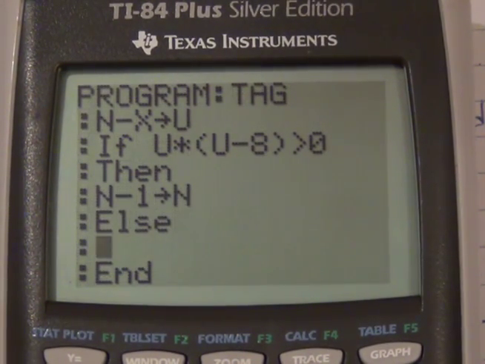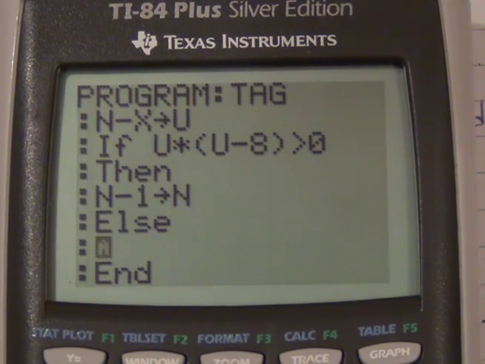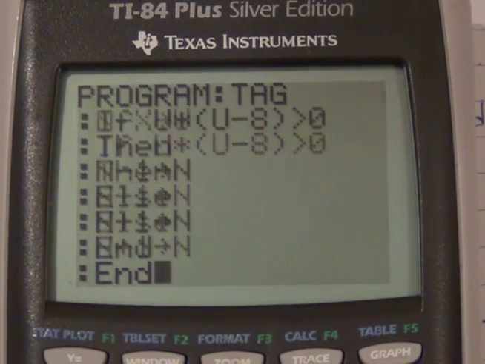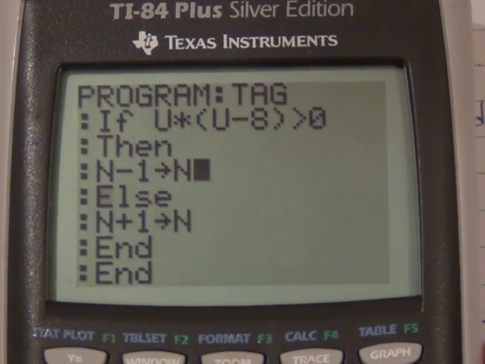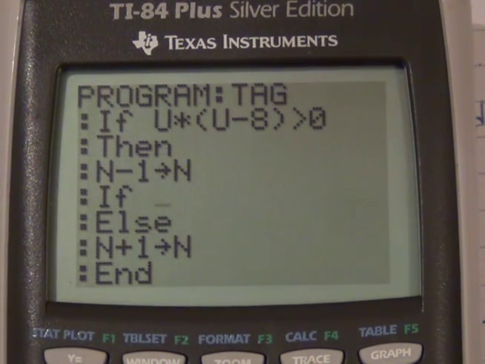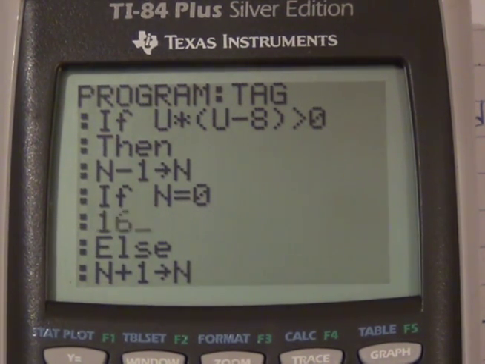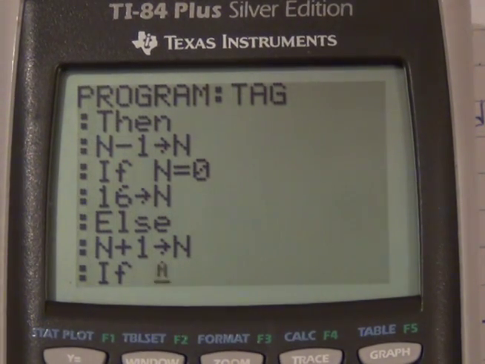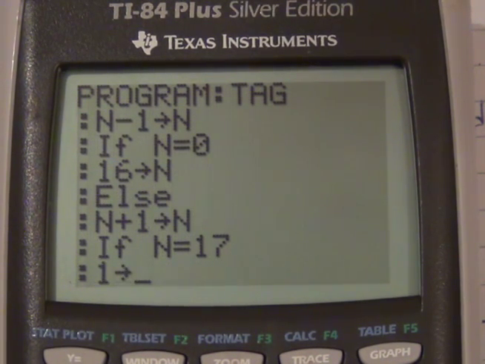I'm really bad at thinking about these numbers and what they actually mean. If n equals 0, 16 stores n, and then here, if n equals 17, then 1 stores n.